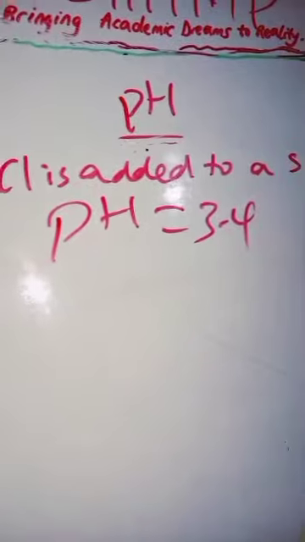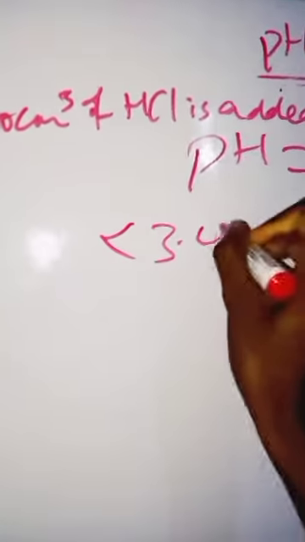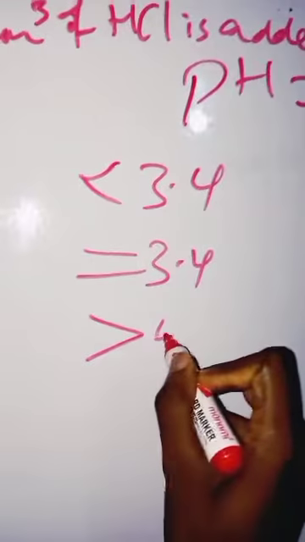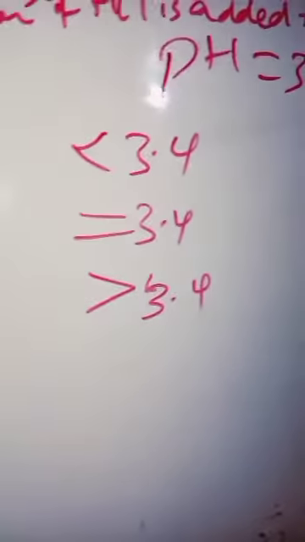What will happen to the pH? Will the pH be less than 3.4, or will the pH still be 3.4, or will the pH be greater than 3.4?